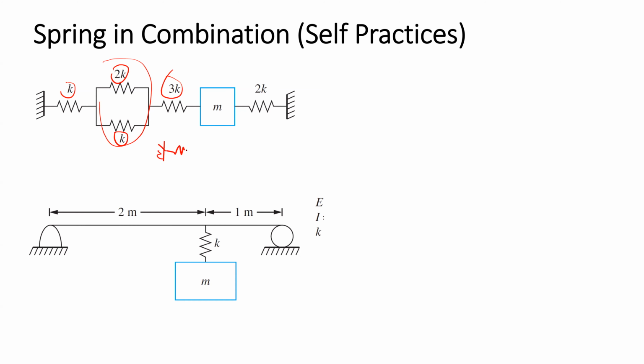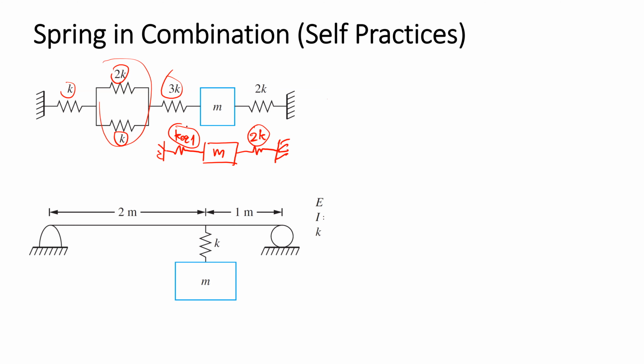So my question is, if we have K equivalent on the left hand side, and now if we have 2K on the right hand side, do you have any idea how to combine these two springs from the left and the right hand side?